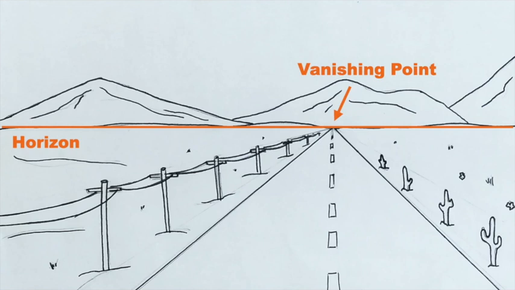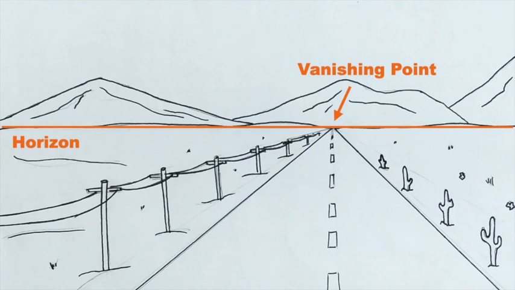That's fine. It still works the same. Your vanishing point can be wherever you want. Your horizon line can be wherever you want. It doesn't have to be right near the middle. It can be closer to the top. All those things are up to you while you're creating this place, this world that you're making.